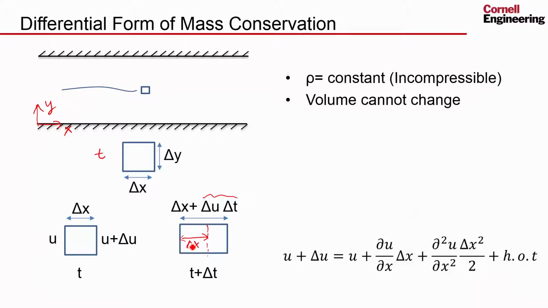And this velocity here can be expanded through a Taylor series expansion. So this is the first term in the Taylor series. If I know the rate of change of the u velocity, which is the velocity in the x direction, along x, then I can figure out what the delta u is, and the higher order derivatives, which are going to drop out in the limit as delta x tends to 0.